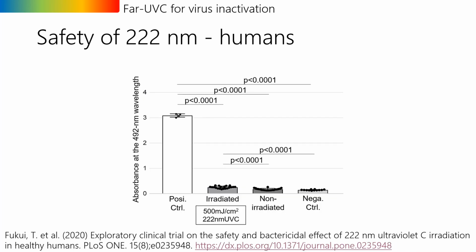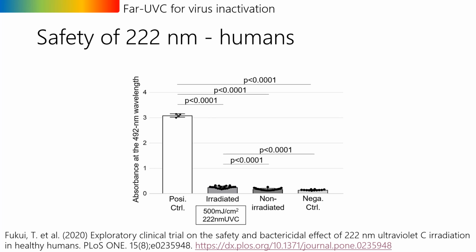But round about the same time as the previous study I mentioned, there was another study which had been undertaken in 2018, but actually wasn't published until 2020. Fouquet et al. investigated 20 healthy volunteers and exposed their backs to between 50 and 500 millijoules per centimetre squared of 222 nanometer UVC.